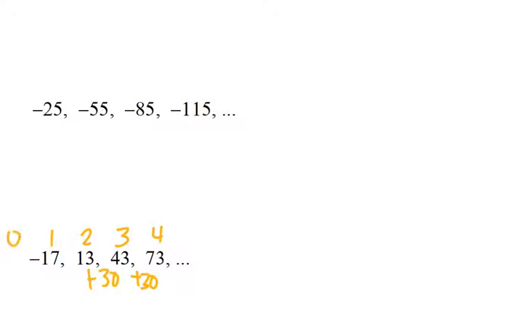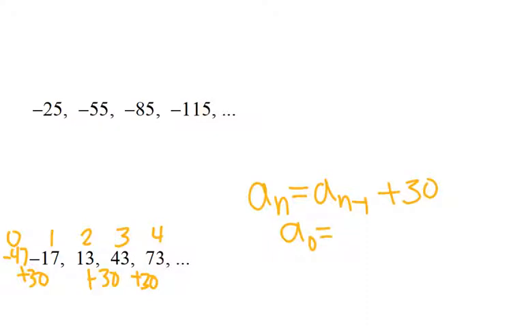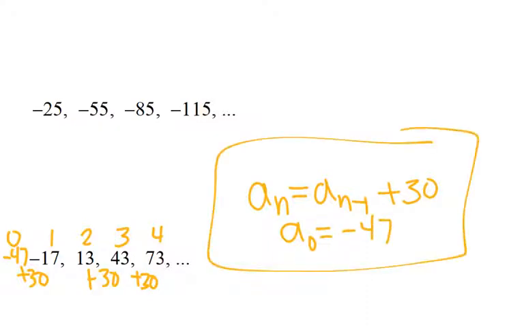Okay, so going back to my 0 term, it's got to be negative 47, because plus 30 would put us at negative 17. So again, I always write a sub n equals a sub n minus 1, and then put my common difference, how it's growing, that pattern, plus 30. Then my a sub 0, where did I start? We started at negative 47. Okay, so not too bad, right?